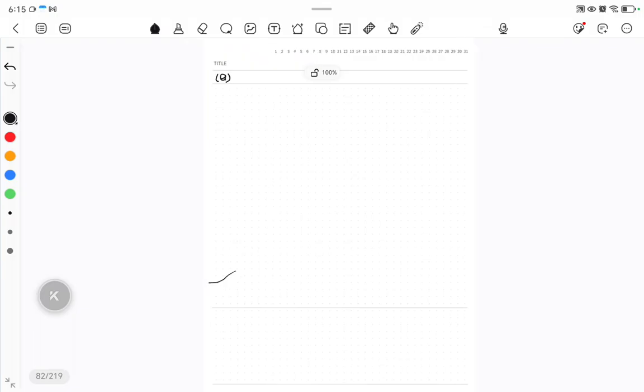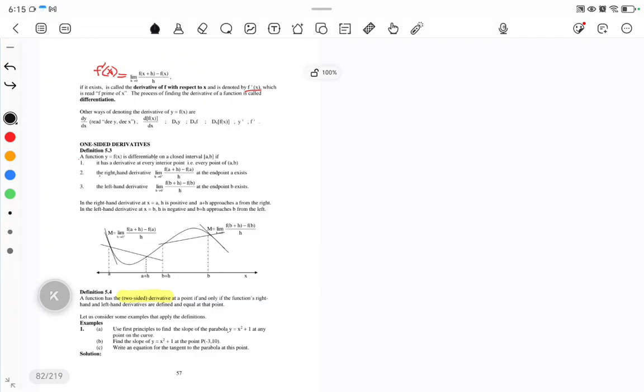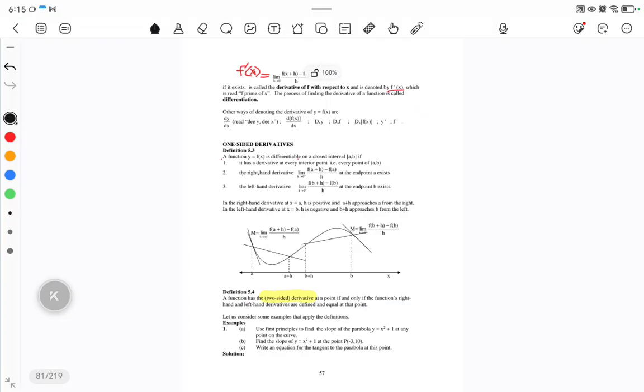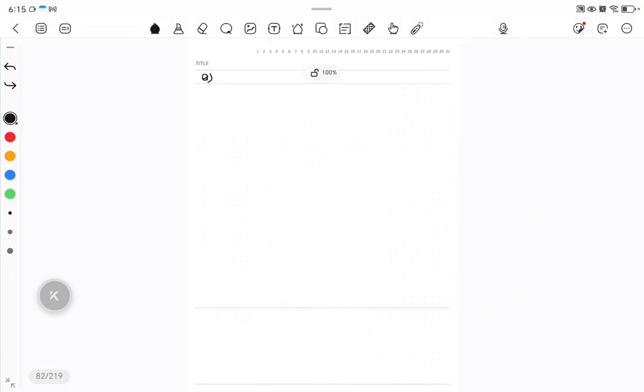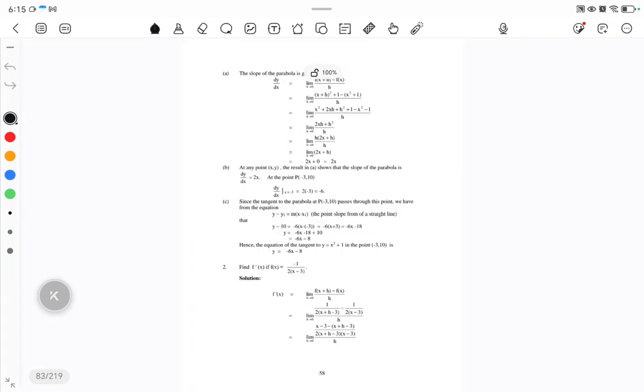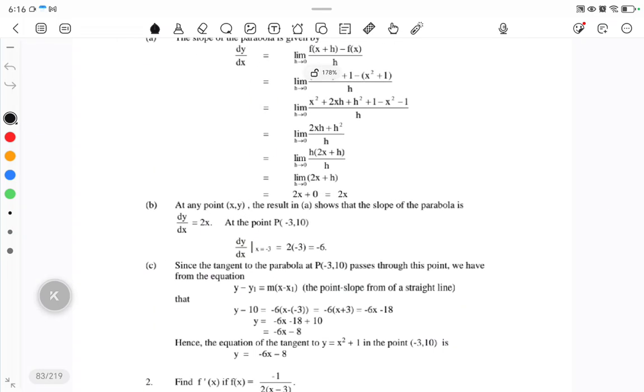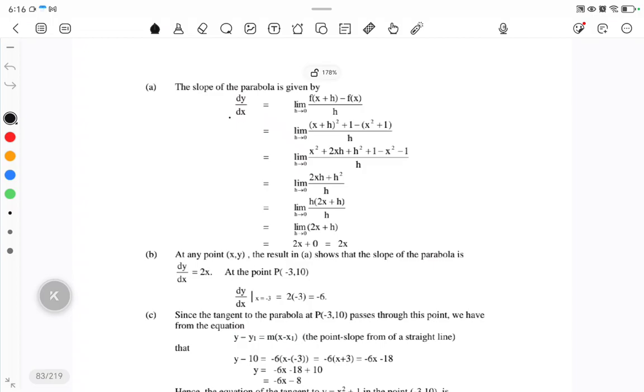We're doing A. They're saying we should use first principle to find the slope of the parabola. So first we need to define, right? You see here they defined the equation first. They said the slope of the parabola is given by, you define the equation of first principle first.